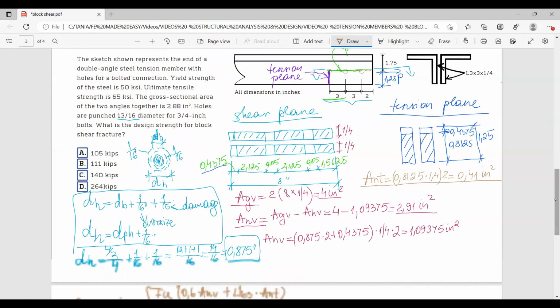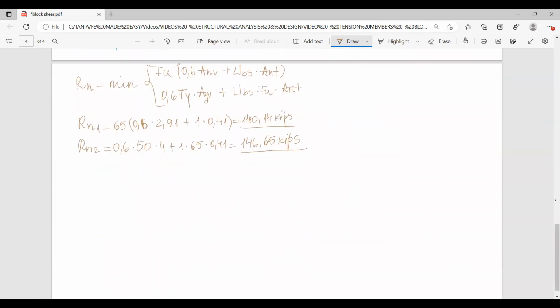And in order to calculate the design strength, we have to multiply this by the phi factor for block shear, which we have talked about at the beginning of this video, and is given to you in the FE Handbook, that it is 0.75.